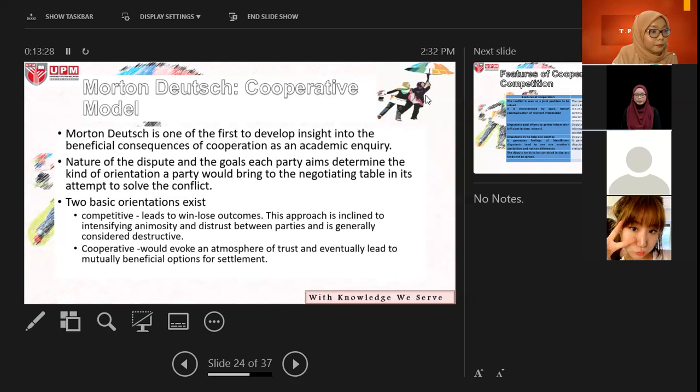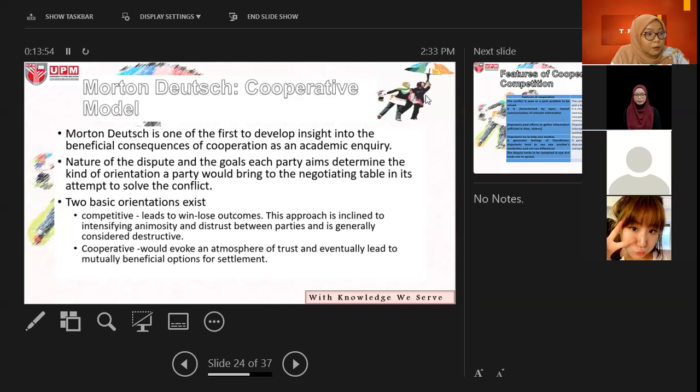And then this orientation we will bring during the negotiating session. Okay, there are 2 basic orientations. Later on, there will be 5. According to Morton Deutsch, there are 2 basic orientations to deal with conflict. Either you want to compete or cooperate.